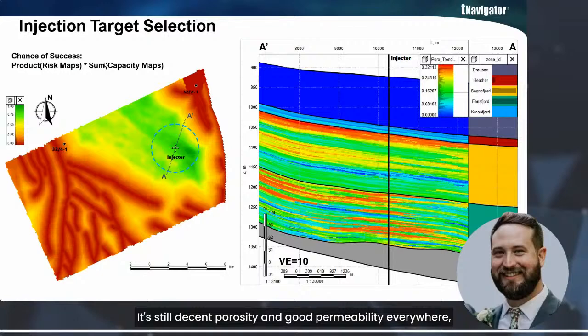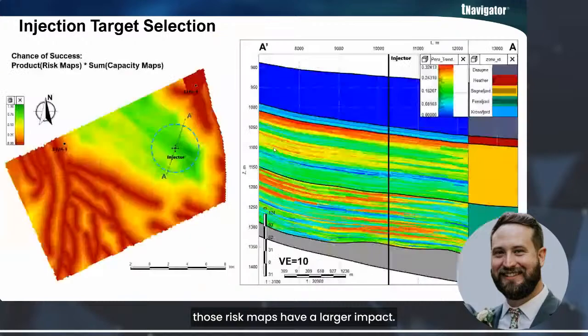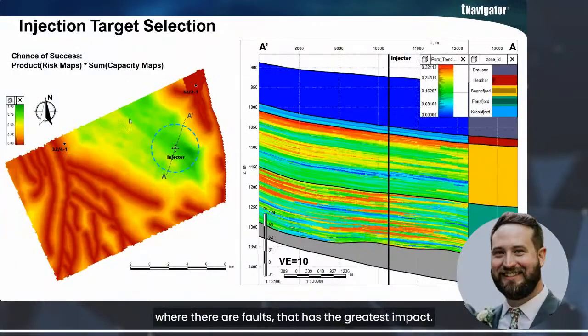It's still decent porosity and good permeability everywhere, but we still want to see where that impact is. But we want the risk maps to have a larger impact. So you can really see, obviously, where there are faults that has the greatest impact, and where we're too shallow, it has a great impact. We end up with this injector here, what looks like the best region to inject.